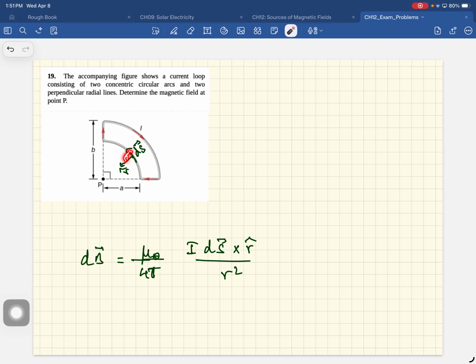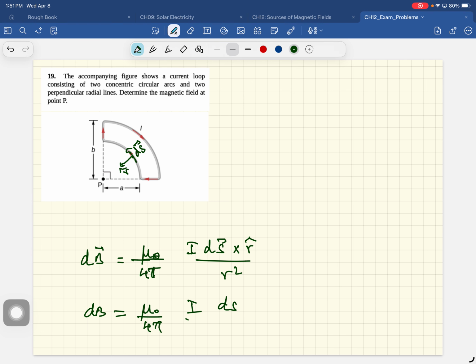So they give you the strength of the field and they're asking you to find the current. So 8 microtesla, 2 pi r, r is 0.5 meters, and mu naught is 4 pi times 10 to the minus 7.